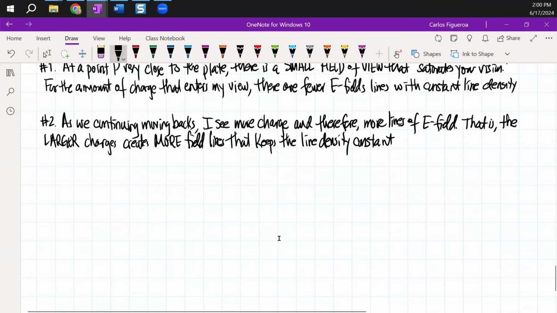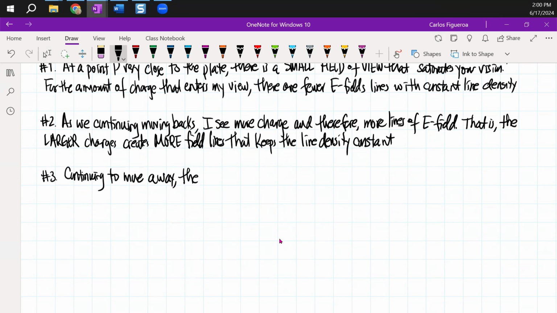Okay, so if I look at number 3 here, continuing to move away, the amount of charge in the field of view decreases.